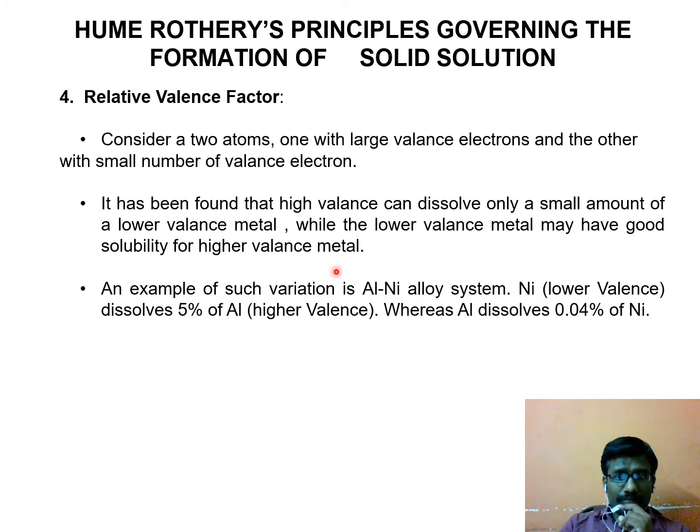An example is the aluminum and nickel alloy system. Here nickel, which has the lower valency, dissolves only 5% of aluminum, but aluminum dissolves only 0.04% of nickel.